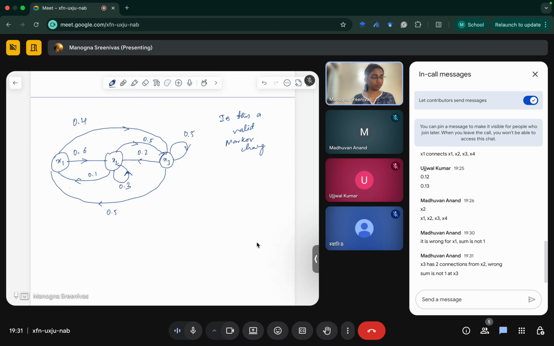Sum is not 1 at x3. 0.5, 0.2. So I can make this 0.3. Okay, I fixed x3. Is it valid now? Is it a valid chain?